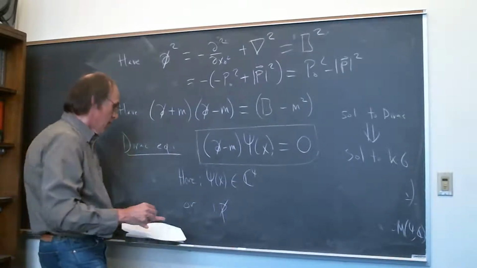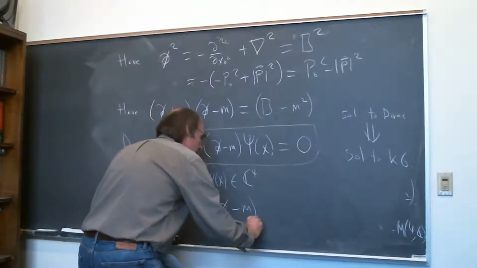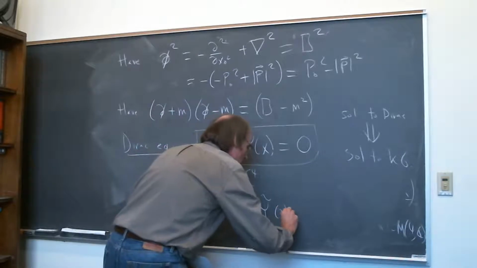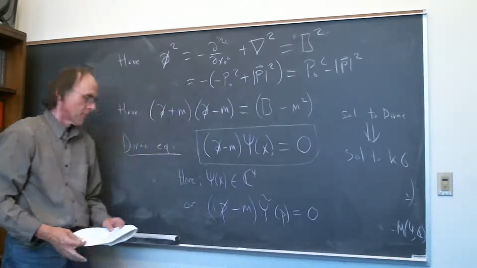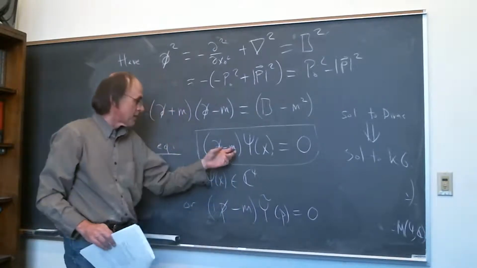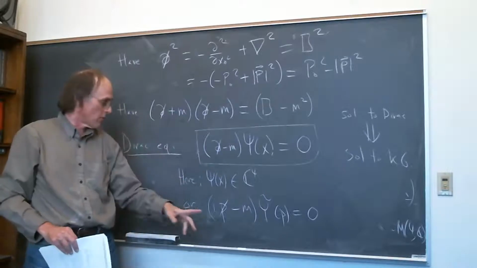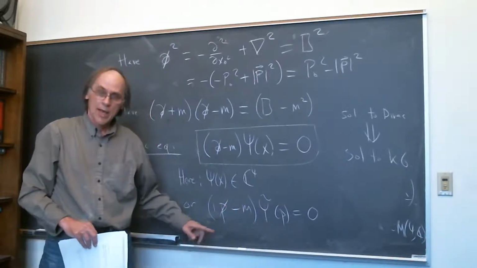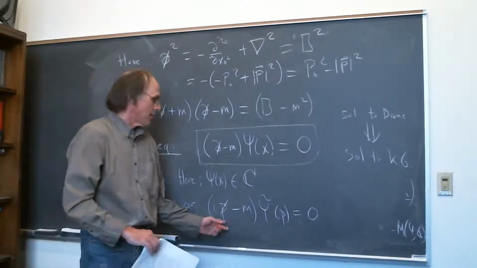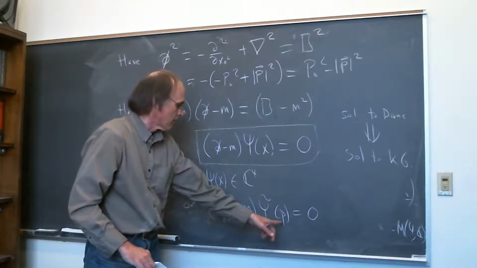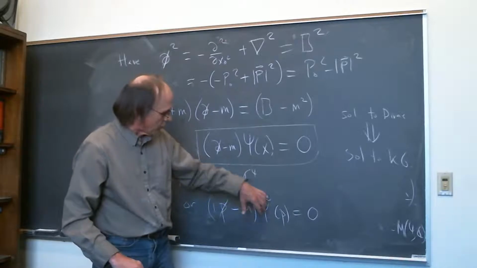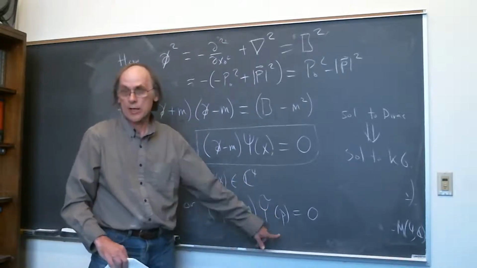What this becomes, it's a differential equation here, but when we Fourier transform it, it becomes an algebraic equation. For each p, this is just a 4x4 complex matrix, and you have to find the four-dimensional column vectors which satisfy this condition.